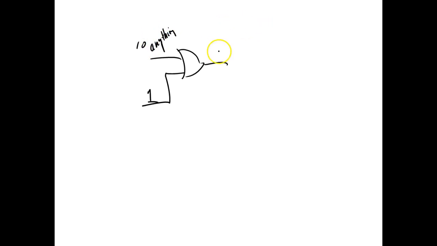Well, you'd say anything ORed with a 1. What does anything mean? It could be a 0 or a 1. Well, it doesn't make any difference, because if I've got one input of an OR set to a 1, the output would be a 1. And that's when you look at that chart I gave you all.